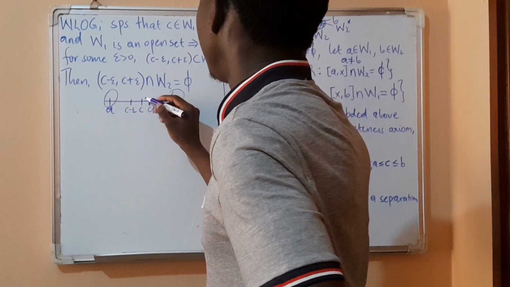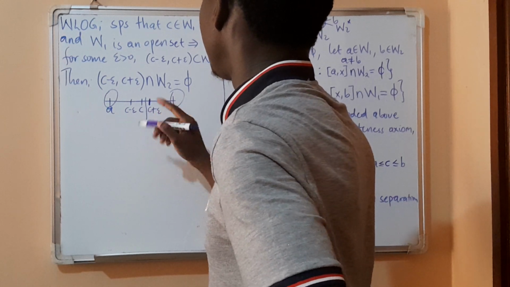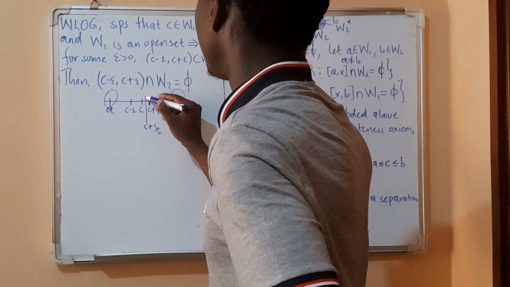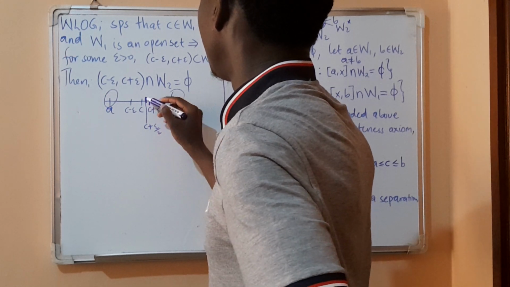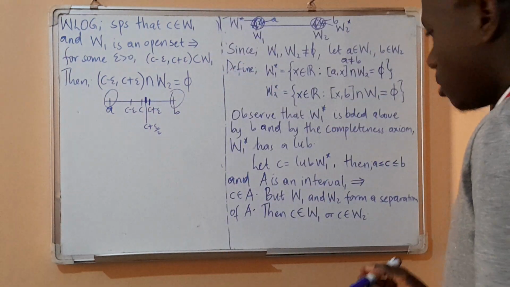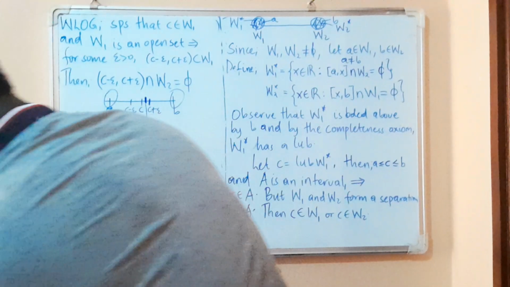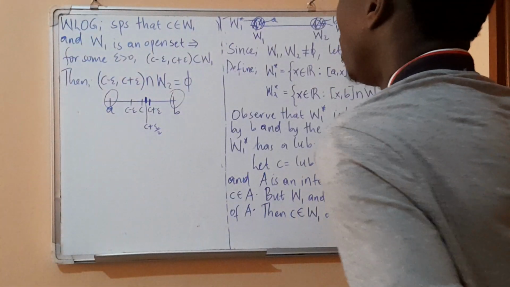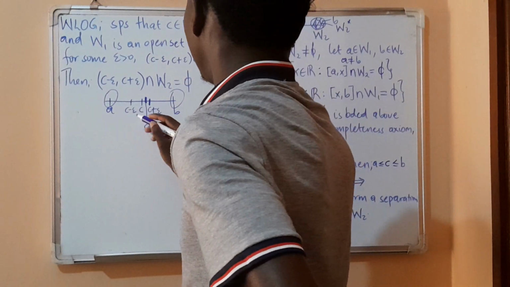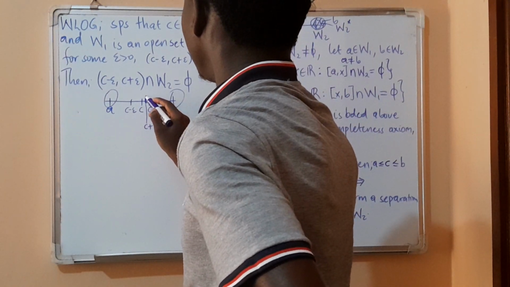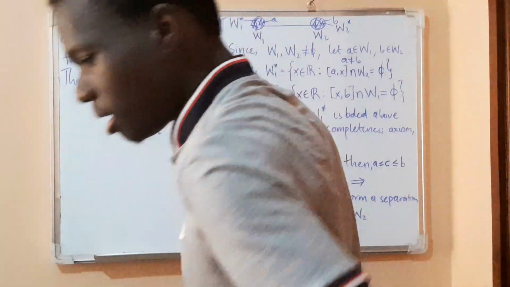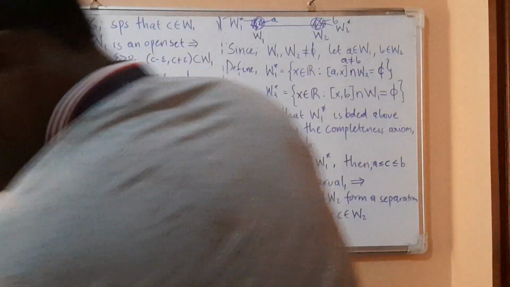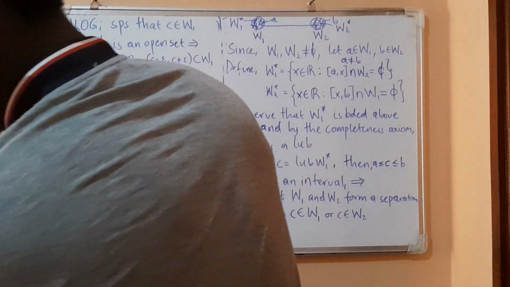So if this is C plus epsilon, this point here will be C plus epsilon over 2. So what does that imply? I'm going to consider that set from A to C plus epsilon over 2.